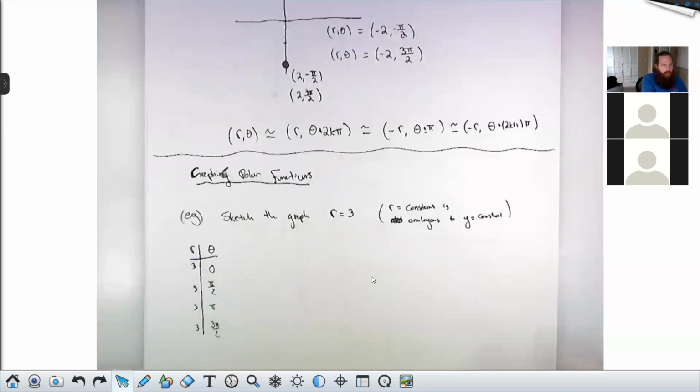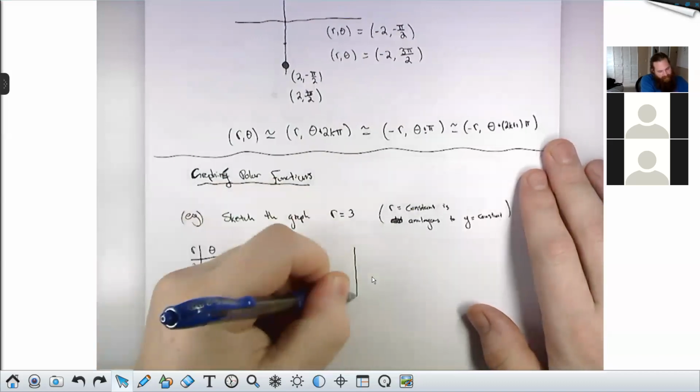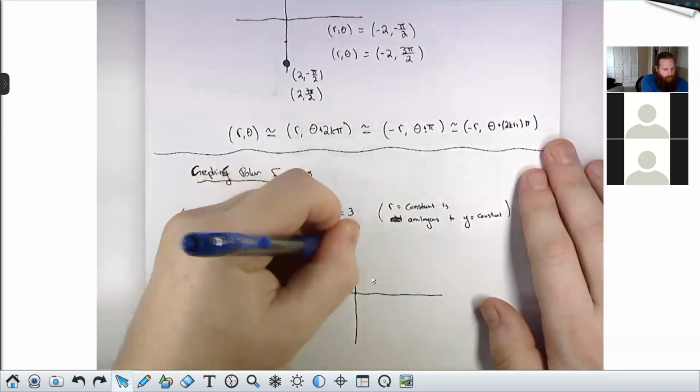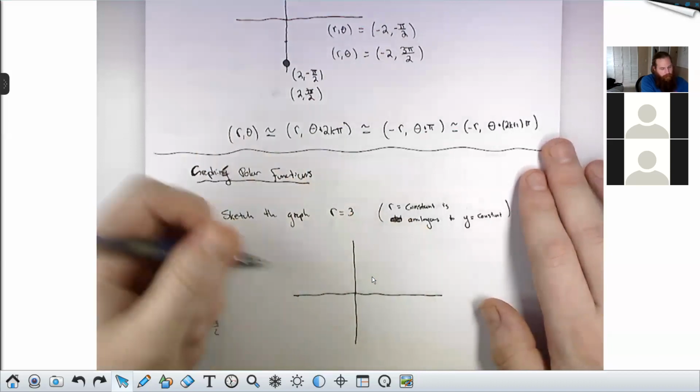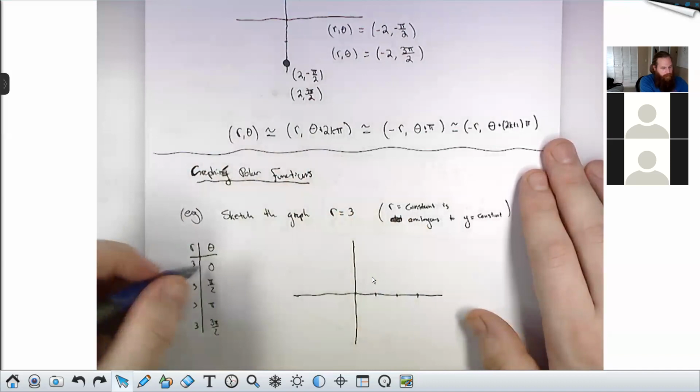So I graph these polar points, and yeah, it's a circle. Spoiler alert. If you ask yourself, what's the set of all the points whose polar coordinate has r equal to 3? Well, here's 3 comma 0.